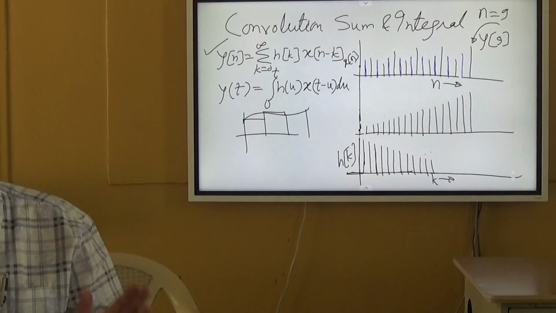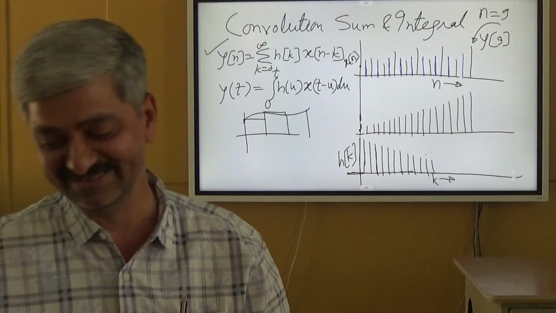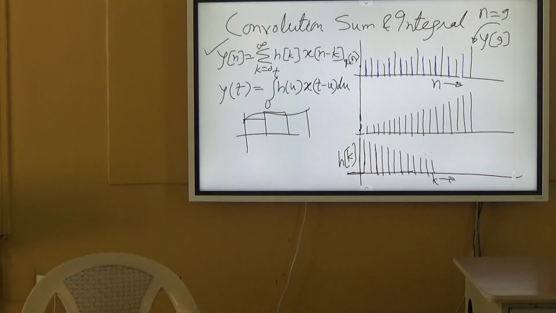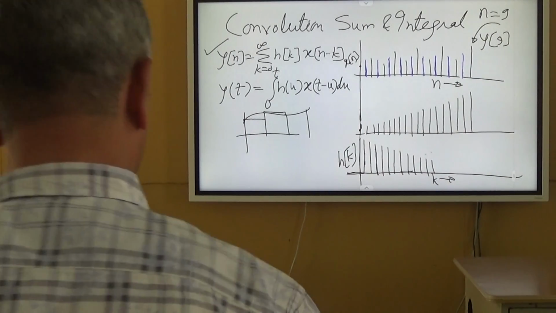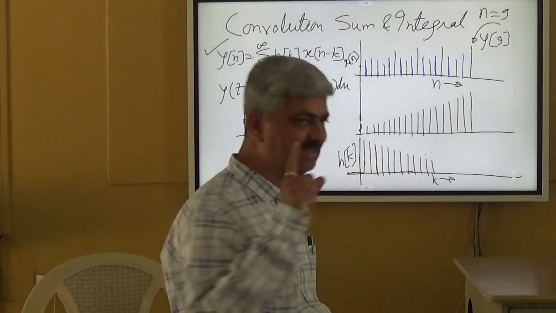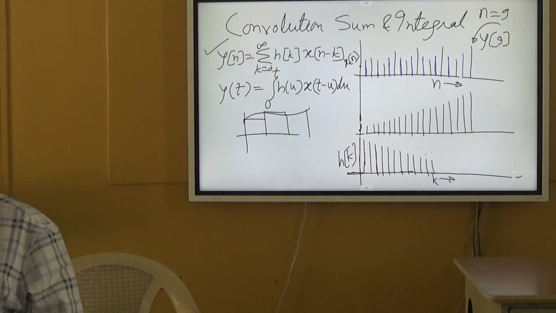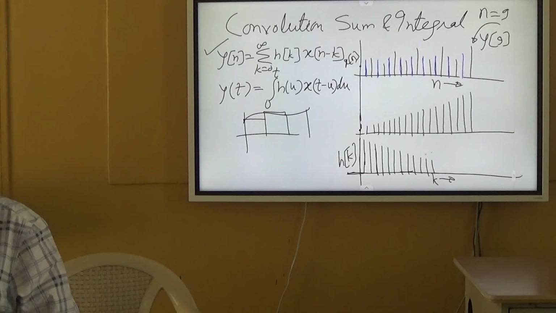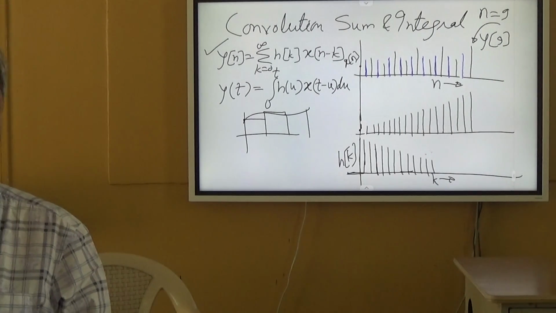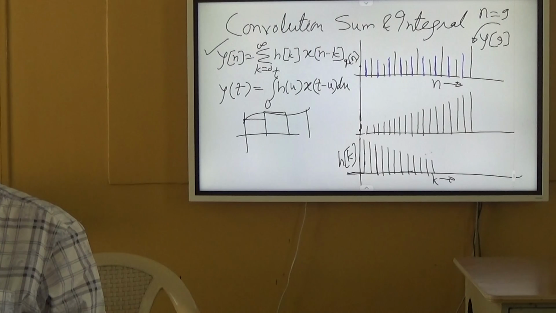What chorus? Not a single person is able to tell. HK is, see, that is the most important. HK is the proportion with which the input that occurred K samples ago is contributing to the current output sample.